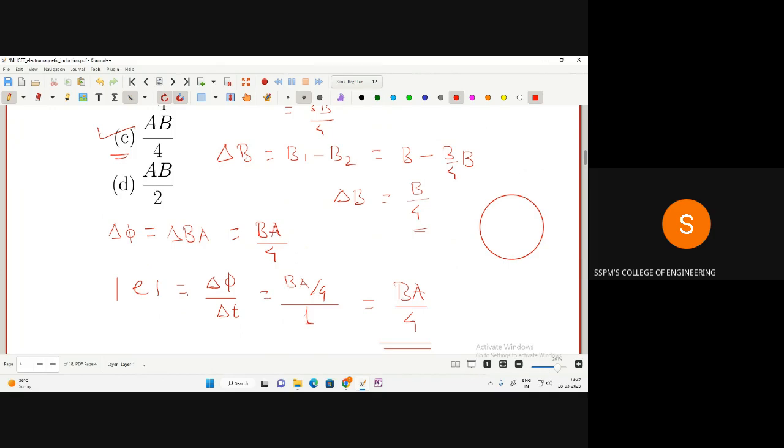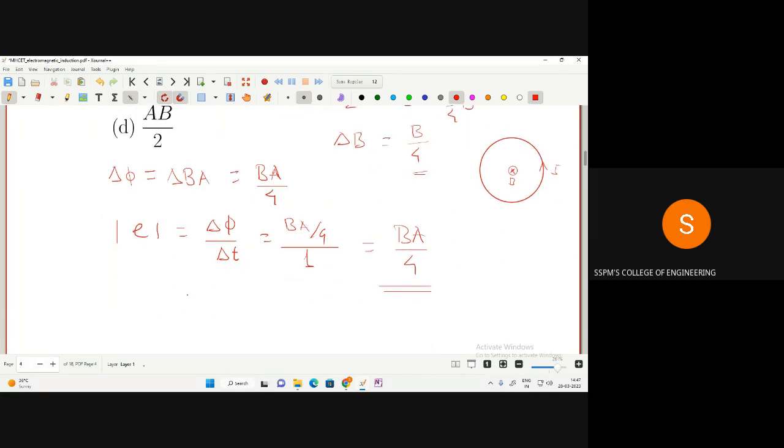Let's consider a circular coil, and if the current flowing through the coil is in anti-clockwise direction, then the magnetic induction is along the outward normal, which gives the magnetic induction at the center. But the magnetic induction is changing to 25% of its initial value. So EMF will be BA by 4 because the current will also change.